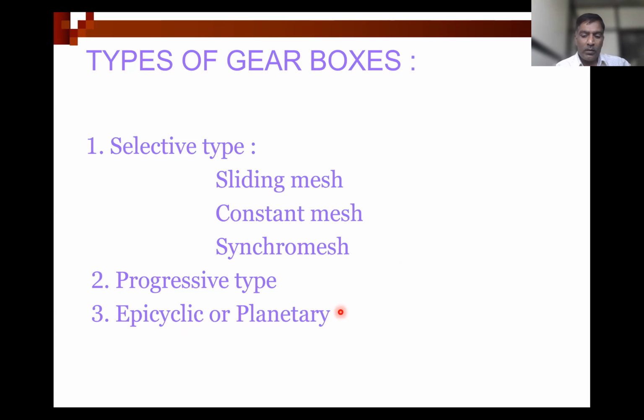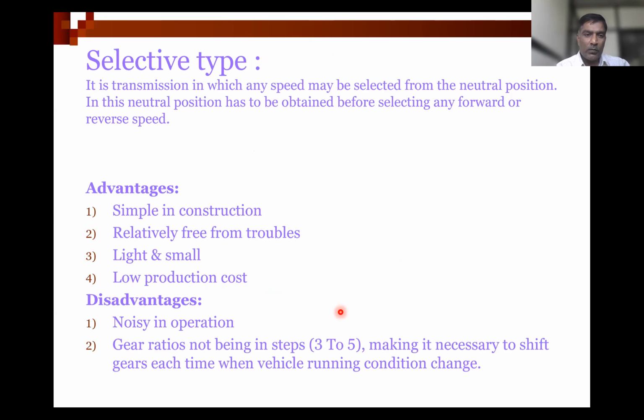And what is the selective type? Just you can see. In the selective type, the transmission is one in which any speed can be selected from the neutral position.